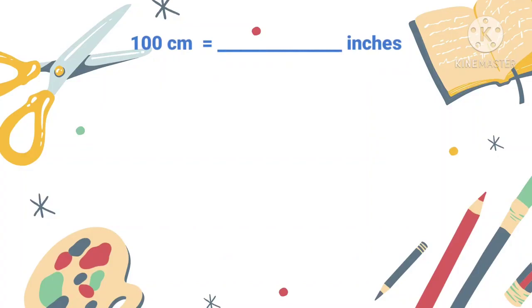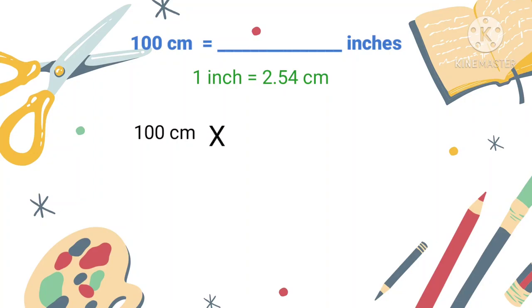100 centimeters is equal to blank inches. Based on the metric conversion chart, we identified that 1 inch is equal to 2.54 centimeters. Let's do the calculations. Let's write 100 centimeters.